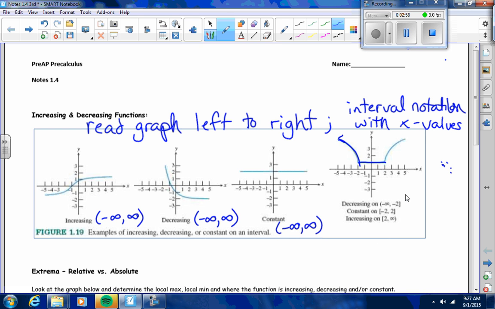Now notice they were using brackets. Really, it doesn't matter whether you use brackets or parentheses. Most of the time when I am writing my intervals, I will always be using parentheses.